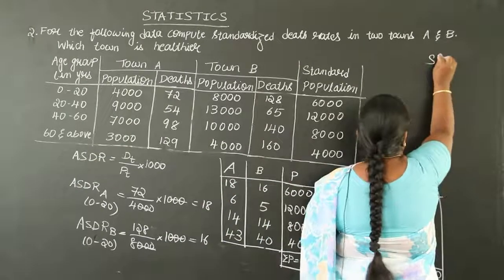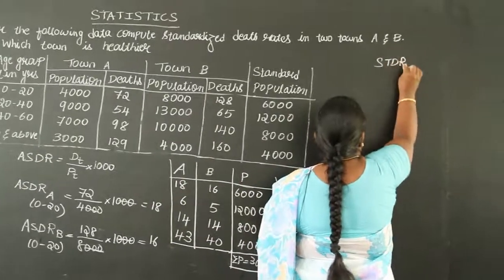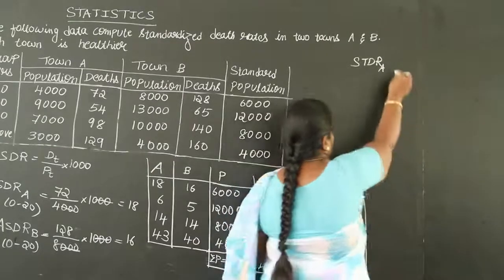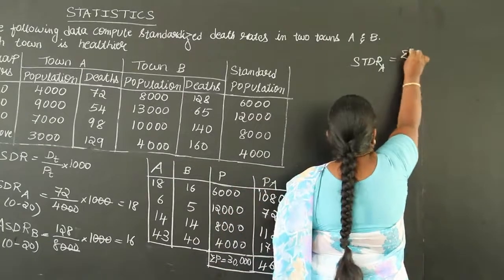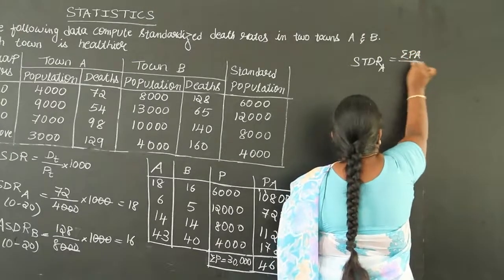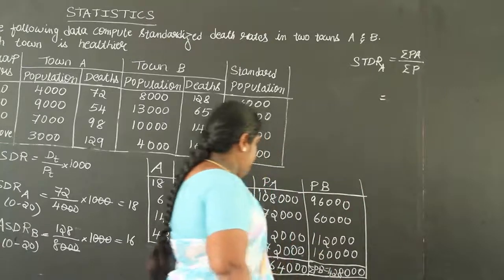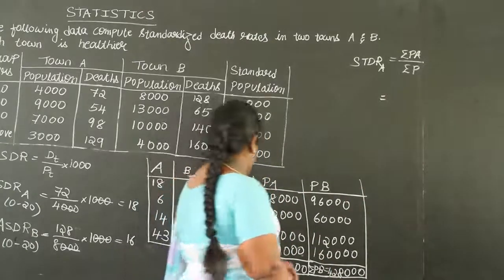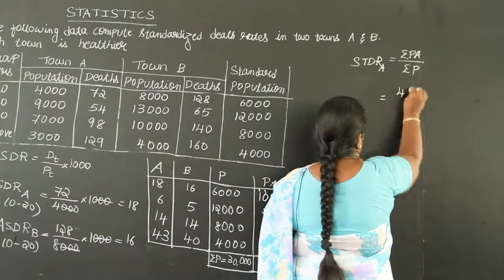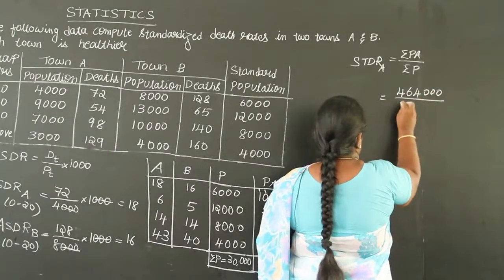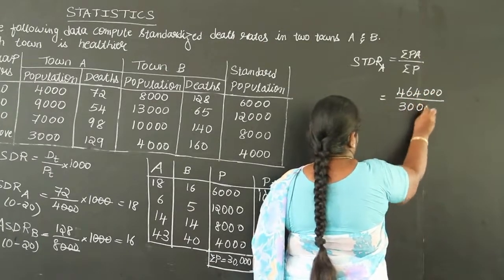Then we'll calculate the standardized death rate for town A and town B. The standardized death rate formula is sigma PA divided by sigma P. So sigma PA is 4,64,000 divided by 30,000.